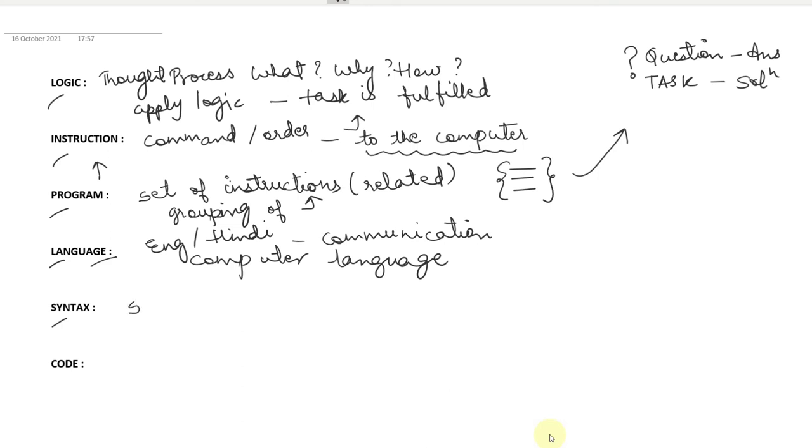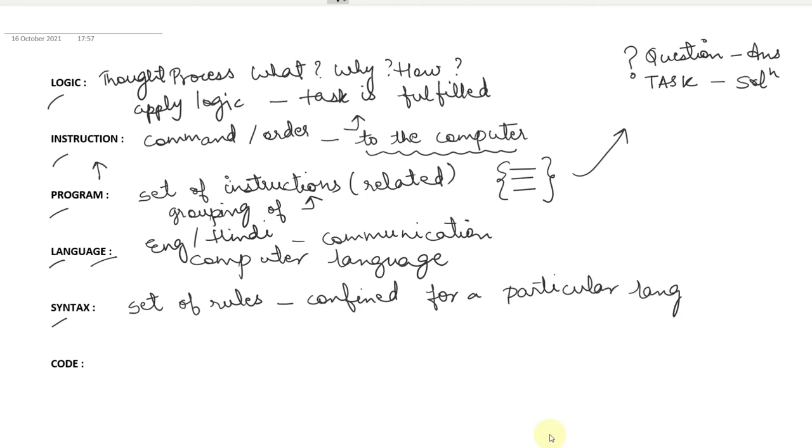You can define syntax as a set of rules for a particular language. Again, I'm going to repeat, this language is the computer language that we are talking about. So syntax means the set of rules.